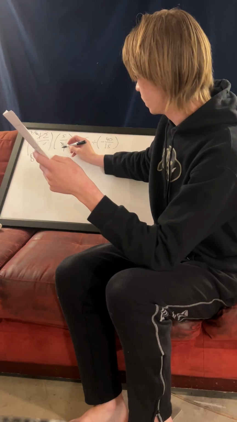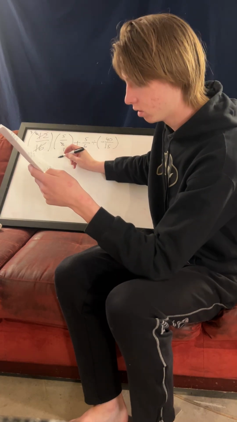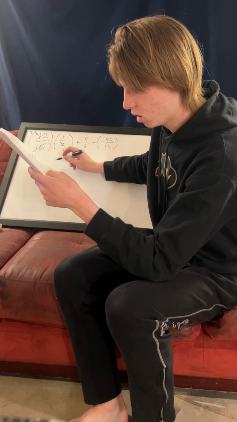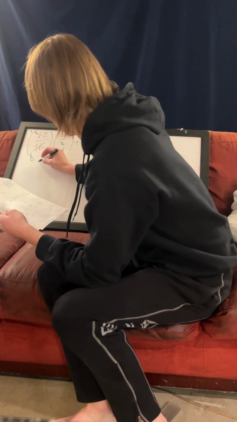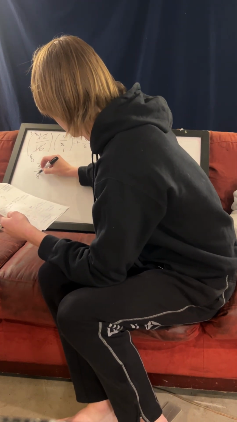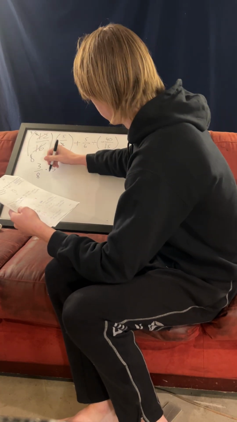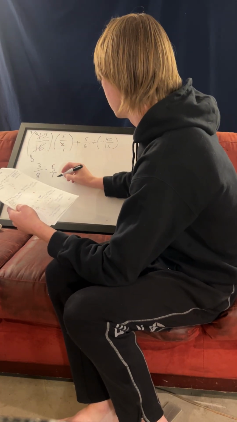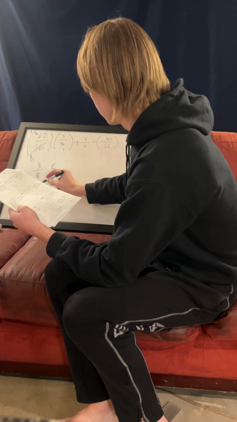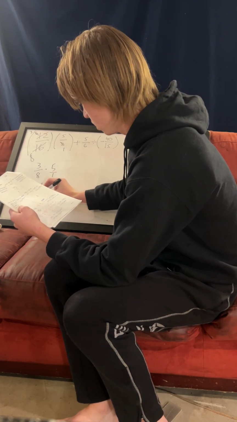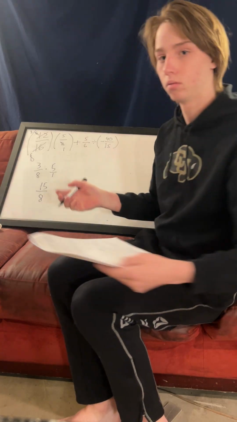So you have 3 over 8 times 5. Yes. 3 over 8 times 5. Super easy. 5 over 1, we'll keep it that way. That's 15 over 8. That's fine.